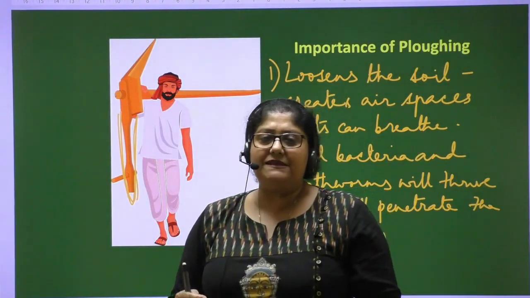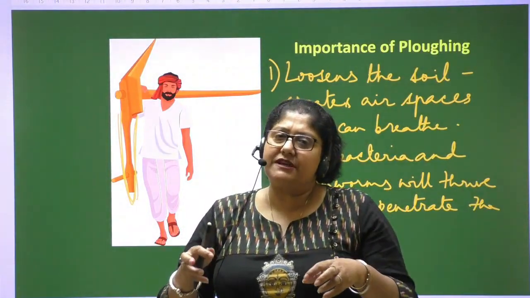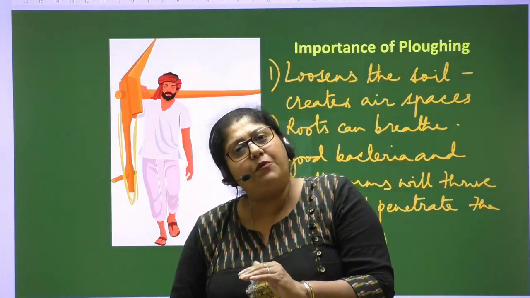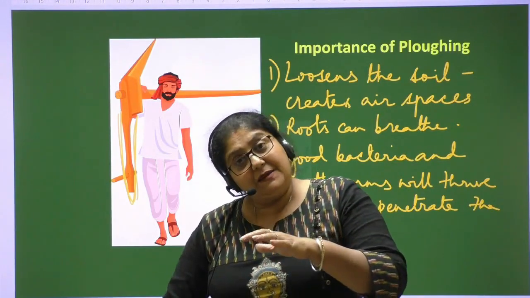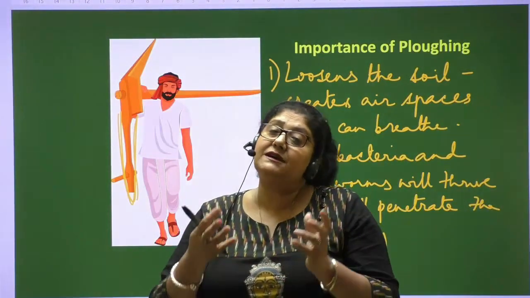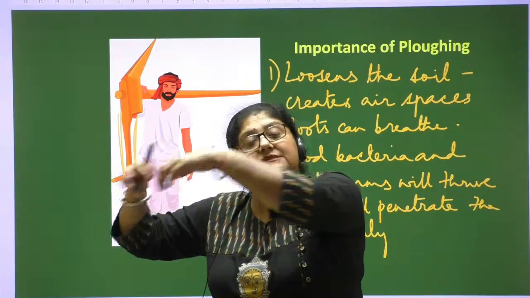Churning of the soil means, say the topsoil, it has lost its nutrients by the previous year's crops. More nutrients are ready in the bottom layers, but the bottom layers will have to be brought to the top, because only then will the roots be able to make use of these nutrients. So the plough churns the soil.